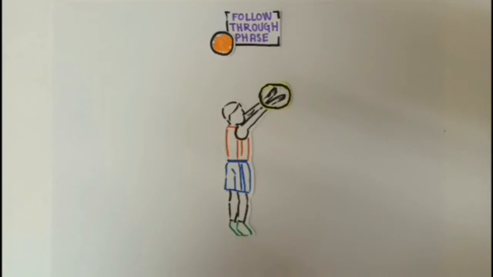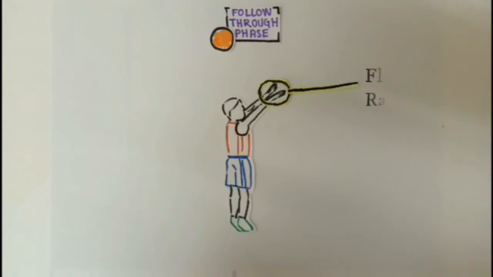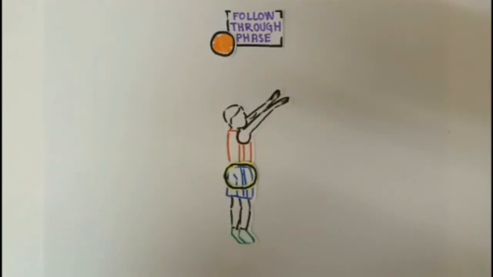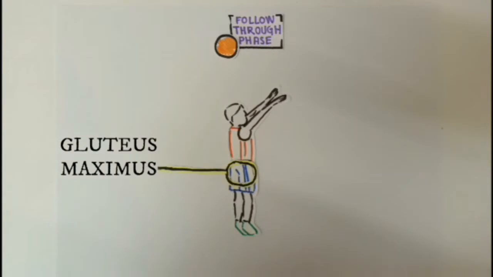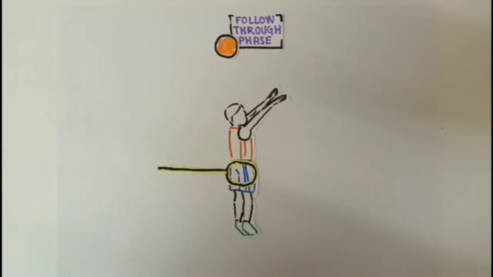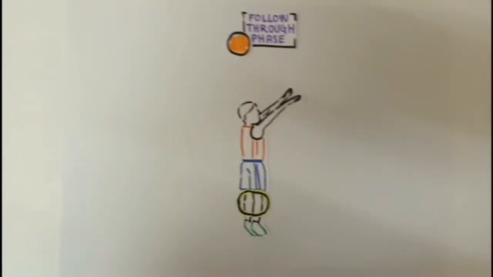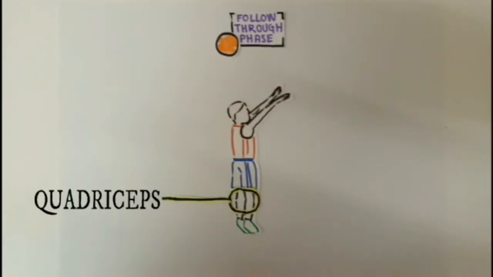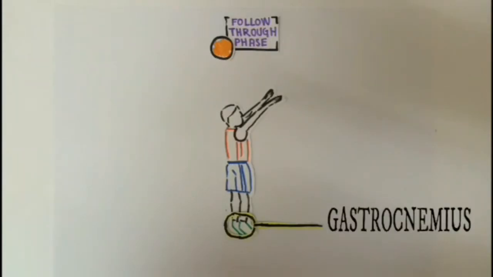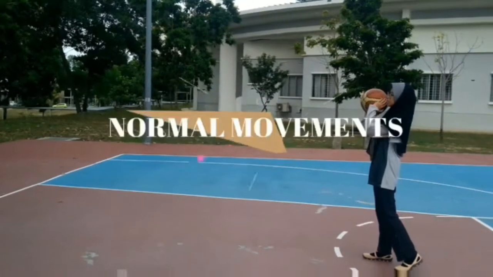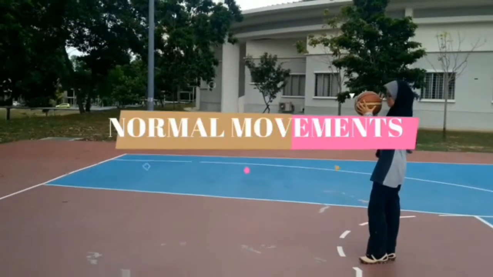At the wrist joint is flexion, with the muscles flexor carpi radialis and flexor carpi ulnaris. Further, the hip is in extension involving gluteus maximus and hamstrings, while the knee joint is in extension by quadriceps. The ankle joint is in plantar flexion by gastrocnemius and soleus.